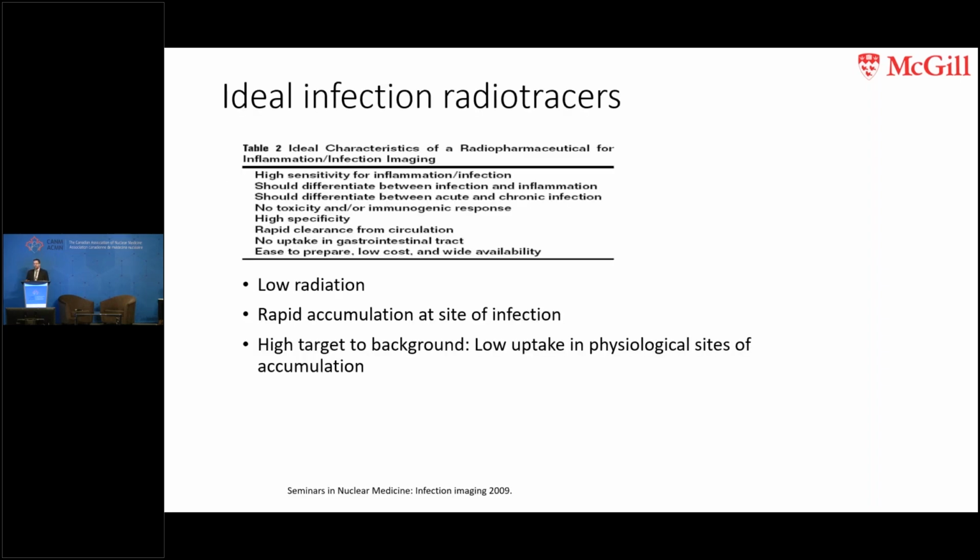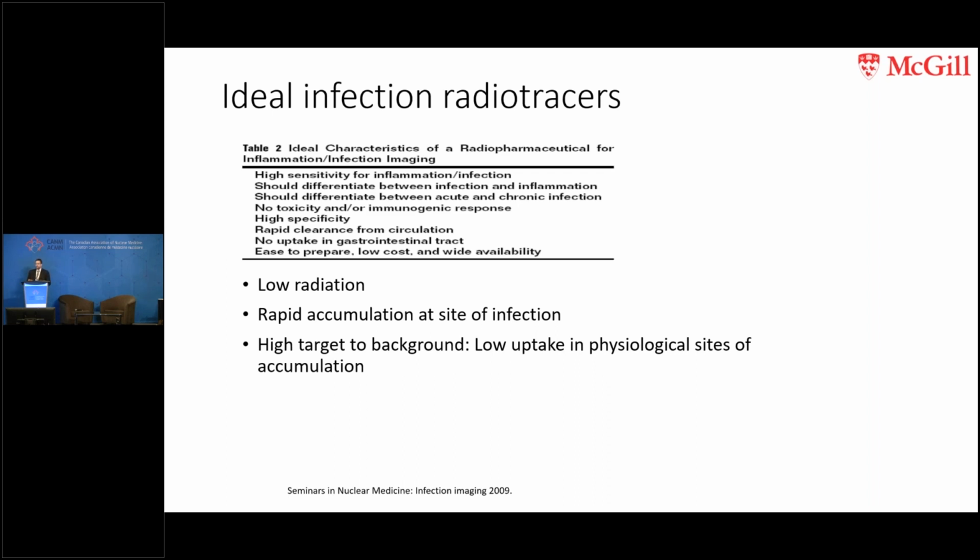So an ideal infection radio tracer doesn't exist, but ideally what we would like is a radio tracer which is very sensitive, which could differentiate between inflammation and infection, acute and chronic infection, is maybe even pathogen specific, has a very rapid clearance, gives excellent image quality. It doesn't have much radiation. We can image rapidly.